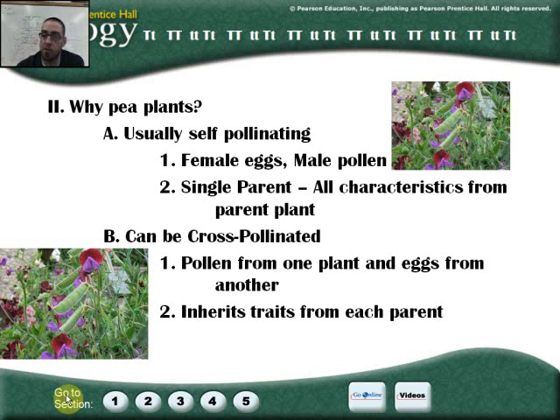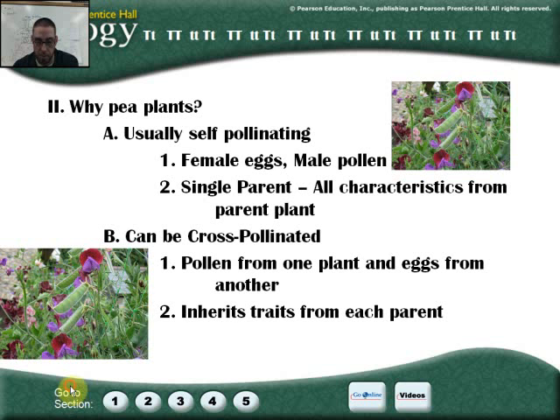You can also cross-pollinate between 2 different plants because of their anthers and their stigma, the male and female parts of those plants. So he used those and he knew how to manipulate those parts of a plant. So again, self-pollinating, they have male and female parts, and you can also cross-pollinate them.